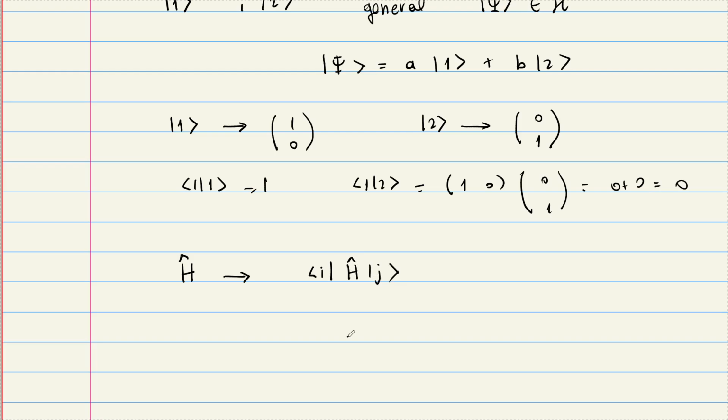And because there are in total two states, this is going to be a 2 by 2 matrix. So this is <1|H|1>, <1|H|2>, this is <2|H|1>, <2|H|2>.